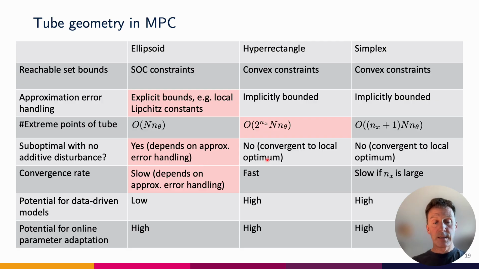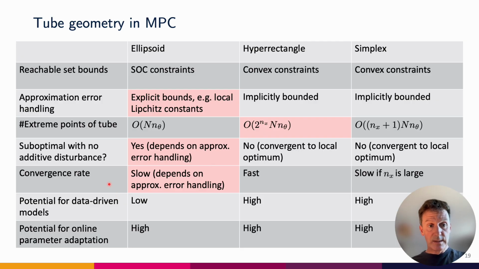On the other hand, for the hyperrectangular and simplex approach, which use DC model representations, there's no residual suboptimality, meaning that the algorithm converges to at least a local minimum for the original NLP.